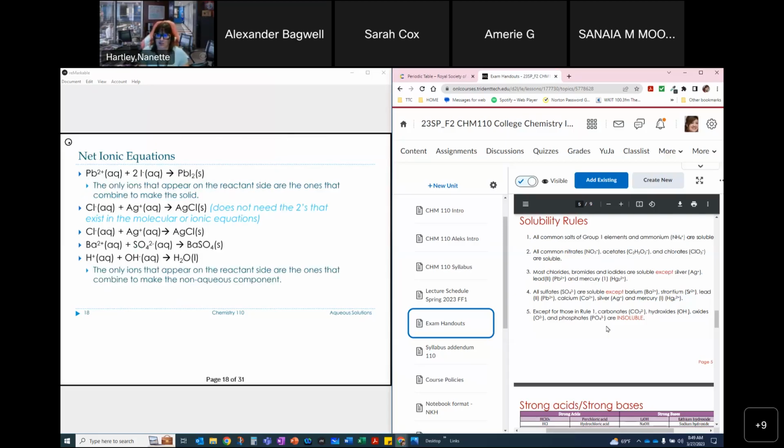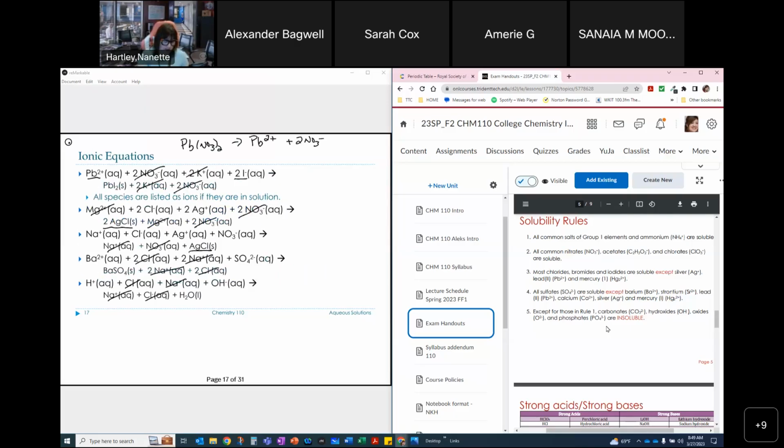So my net ionic equations, I've gotten rid of all of those spectators. Okay. We have Pb2+ plus 2 I− goes to PbI2, solid. Cl− plus Ag+ goes to AgCl. Now, a note on this net ionic equation. When we had this balanced previously, we had 2 Cls and 2 Ags to make 2 AgCls.